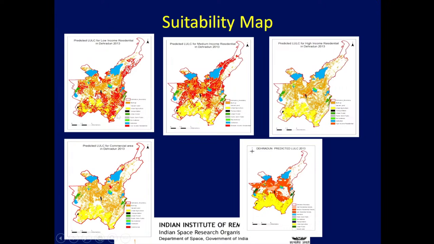The suitability is considered based on the conditions of the land use as well as the other existing low income residents available there. Similarly, we can also have a middle income distribution, which you see is mostly in the northern part of these cities. And then we also have the commercial and high income groups.